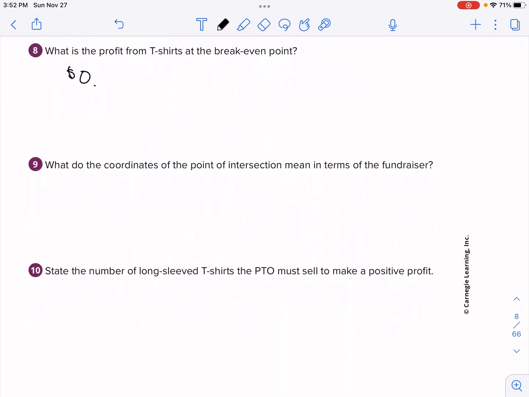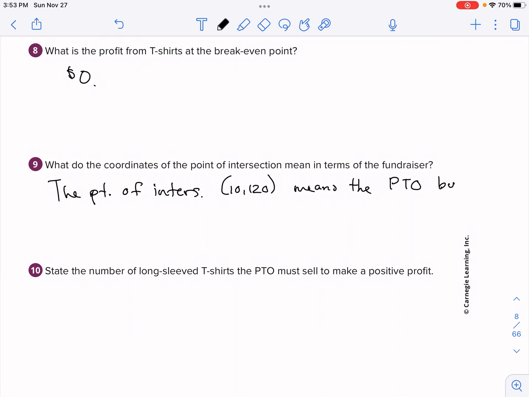What do the coordinates of the point of intersection mean in terms of the fundraiser? So the point of intersection (10,120) means that the PTO, right? They purchase, or we'll say the PTO buys 10 shirts.